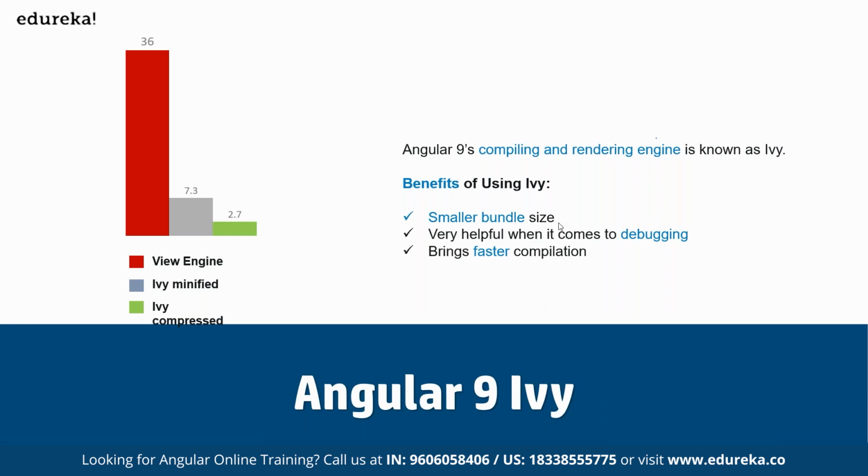Basically, Ivy has a smaller bundle size and is very helpful when it comes to debugging, and it provides faster compilation as compared to other engines. For example, the View engine takes almost 36 seconds, whereas the same thing can be done in just 7.3 by Ivy minified and 2.7 by using Ivy compressed.